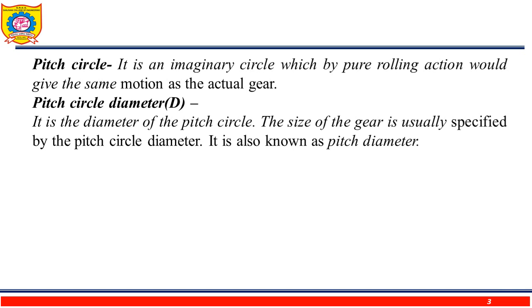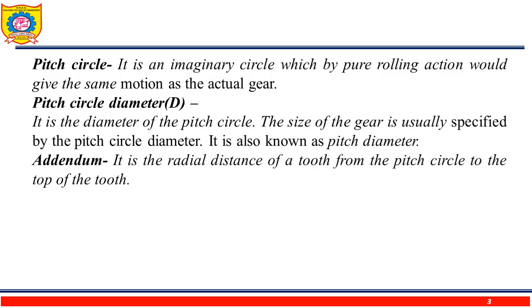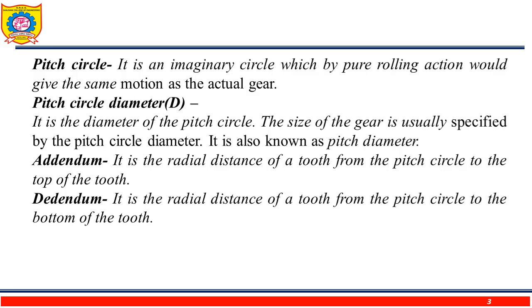See the figure carefully. Wherever I have shown the terminologies, I have given the notations. Those notations denote all these terminologies. Addendum is the radial distance of a tooth from the pitch circle to the top of the tooth. Next is dedendum.